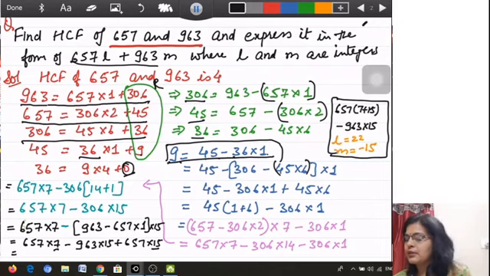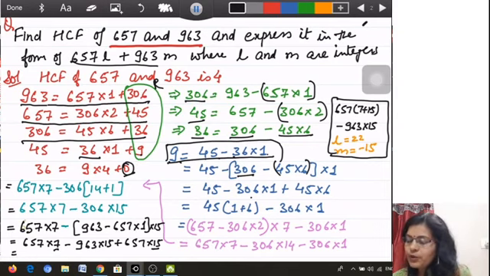Now we have to work upon this number by putting in the values from here. We keep the value of 36 from here. 36 is equal to 306 minus 45 into 6, into 1. So 306 into 1, and minus plus has become plus 45 into 6.